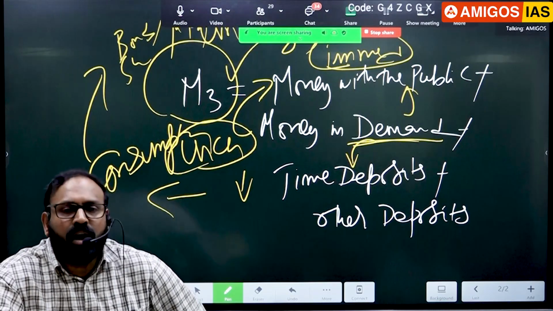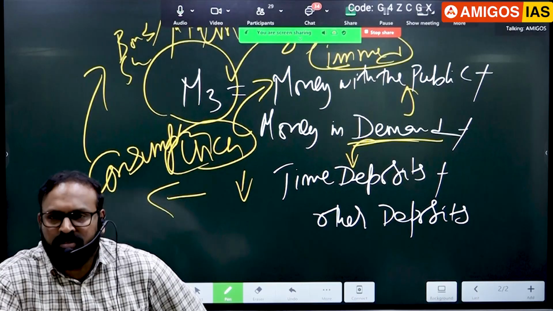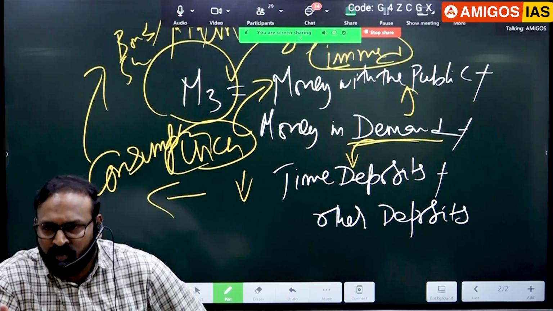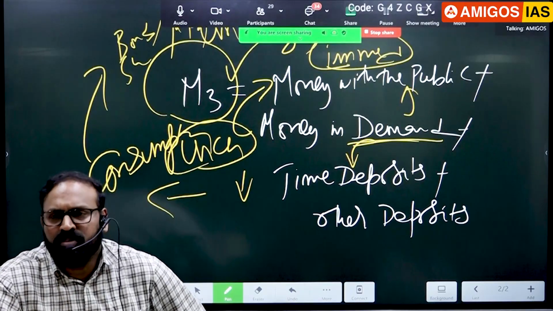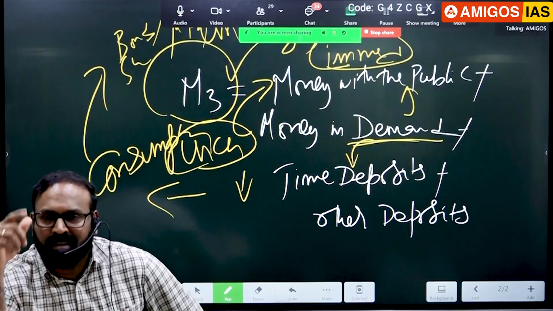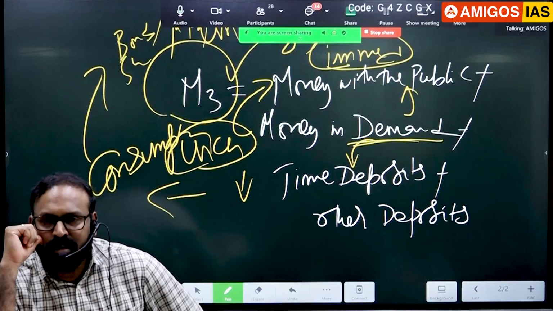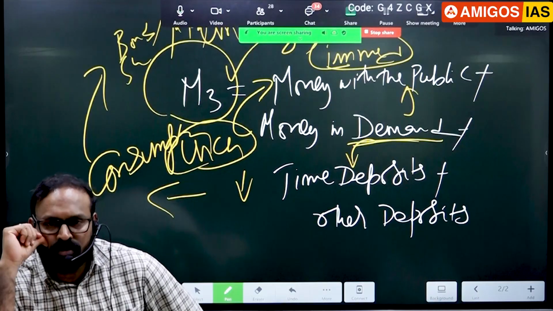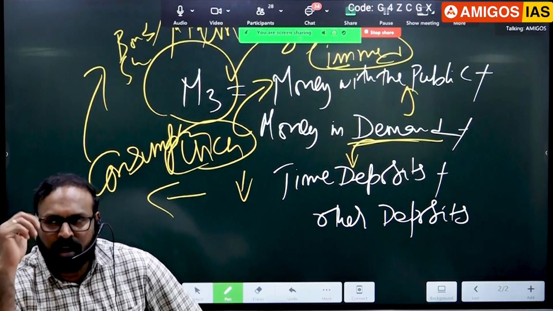There is one reason, right? Why? When any bank where you have huge deposits is going through a scam, you are worried about the safety of your money. Very simple logic. Imagine tomorrow you read news that Adani got arrested. After 5 days, State Bank of India extended a 10,000 crore loan to Adani. What do you do? You start withdrawing your money from State Bank and put it in another bank.